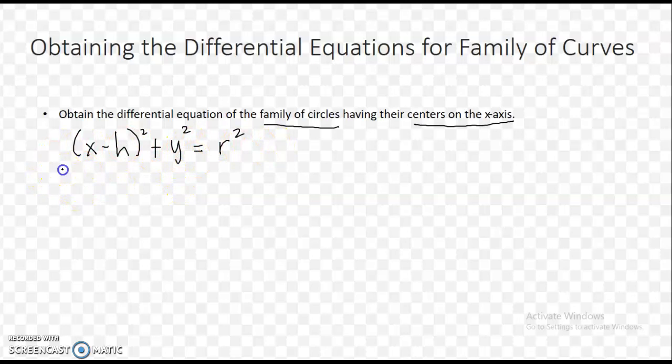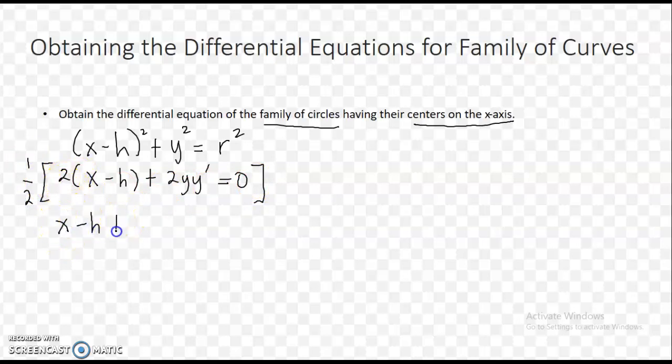Differentiate. We have 2(x minus h) plus 2y y prime equal to 0. The derivative of r is 0. Divide both members by 2. Therefore, we have x minus h plus y y prime equal to 0.